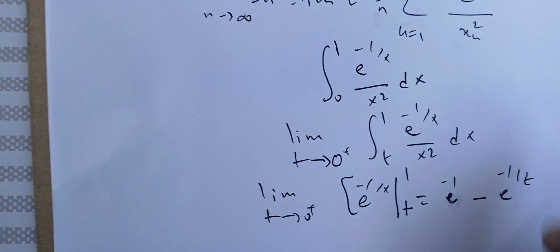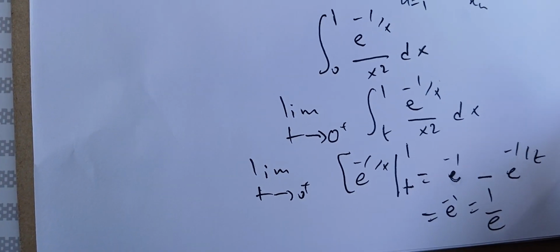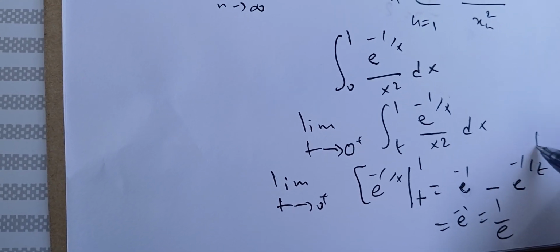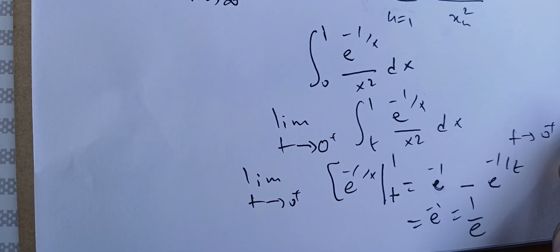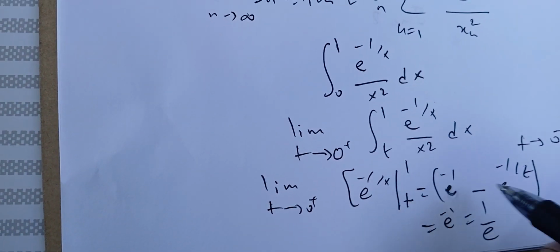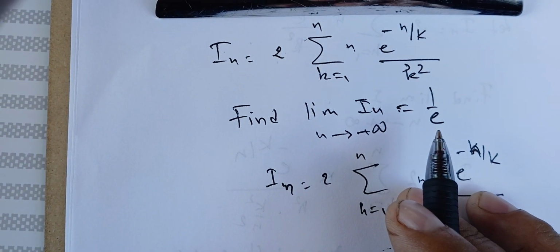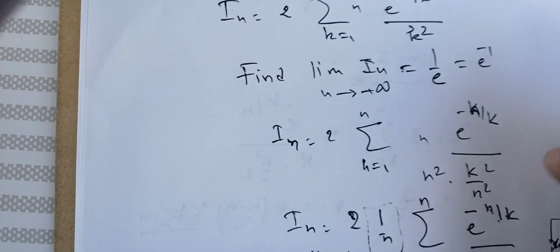So it's going to be e^(-1), or 1 over e. So the integral is going to be 1 over e. That means this limit here is 1 over e, or e^(-1), if we use the Riemann sum.